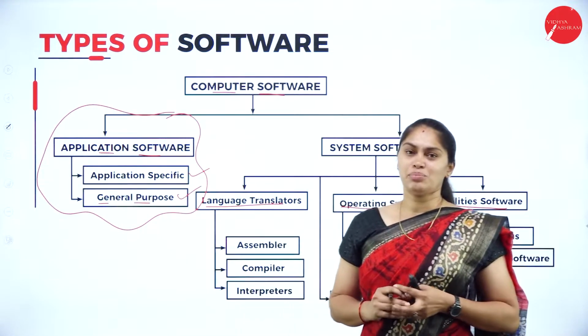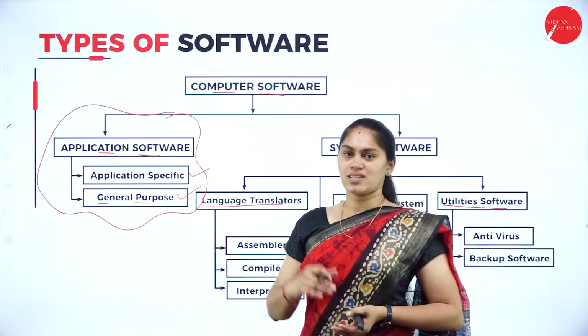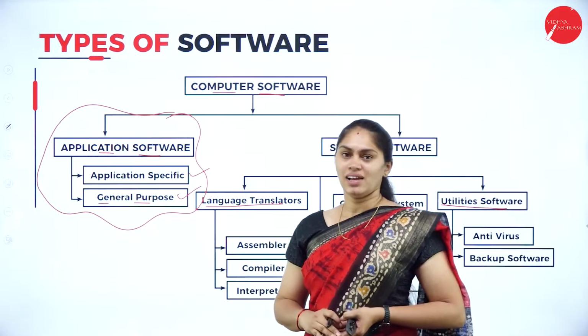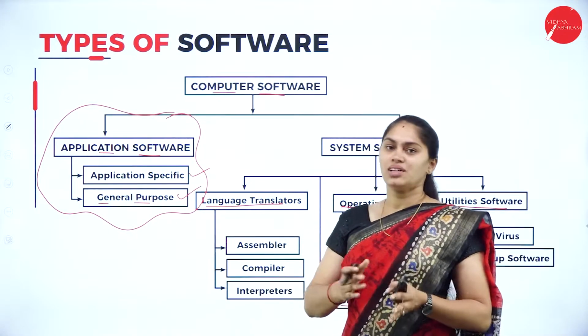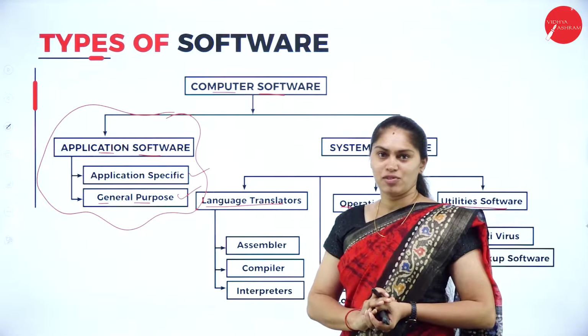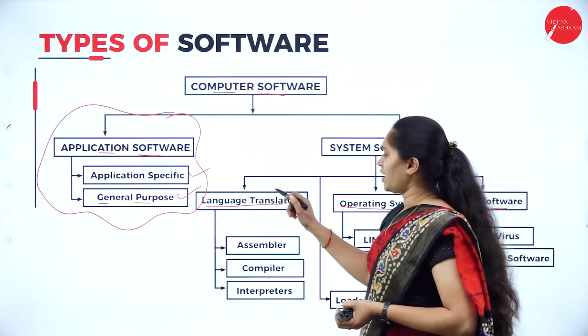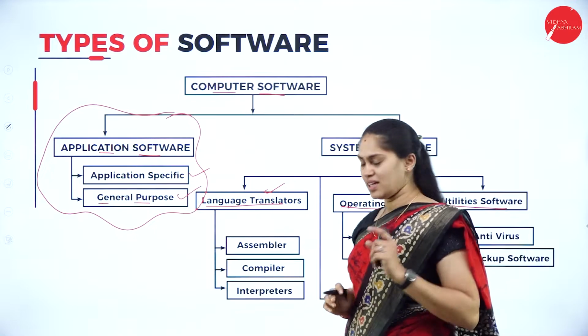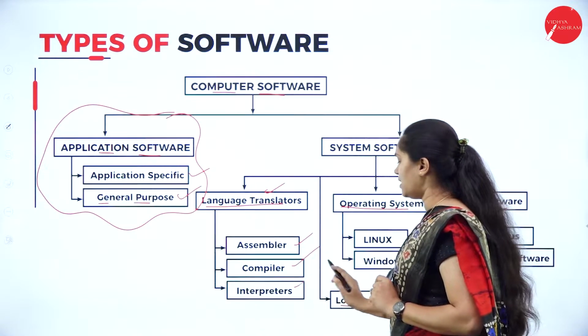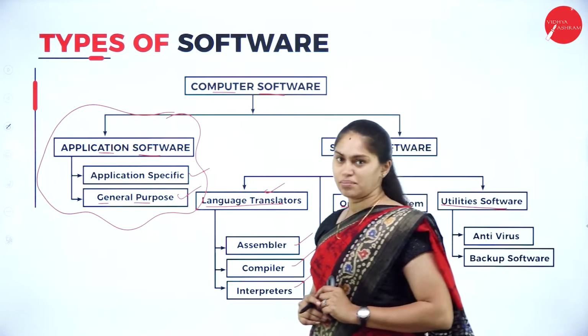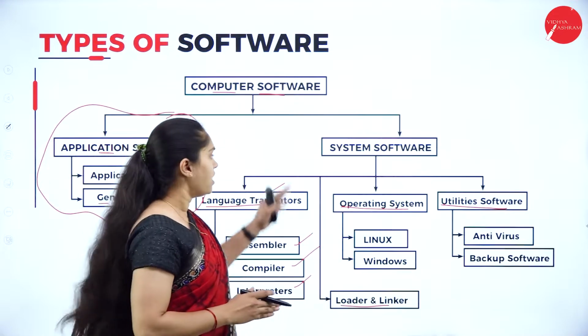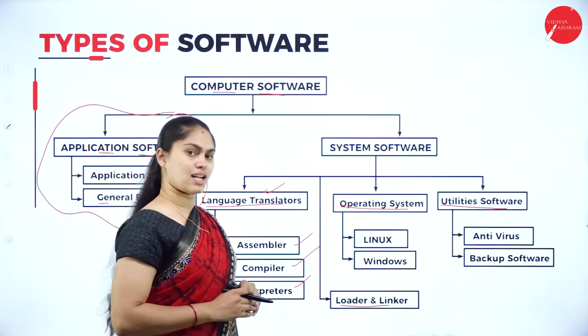If you are writing a program in any other language, whether high level or low level, that should be converted into machine understandable form. That is the reason we require a language translator. In that we have assembler, compiler, and then interpreters. That is one part of system software, which is the language translator.